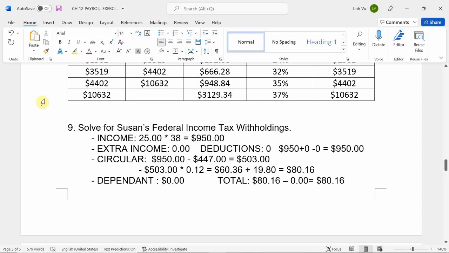So because she claimed nothing, she's a single woman, she's gonna be taxed for federal income tax $80.16.